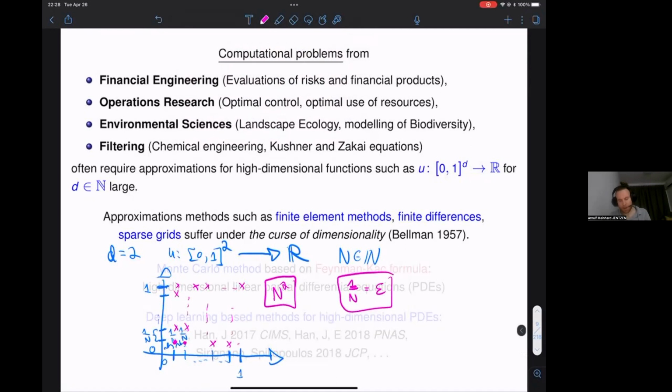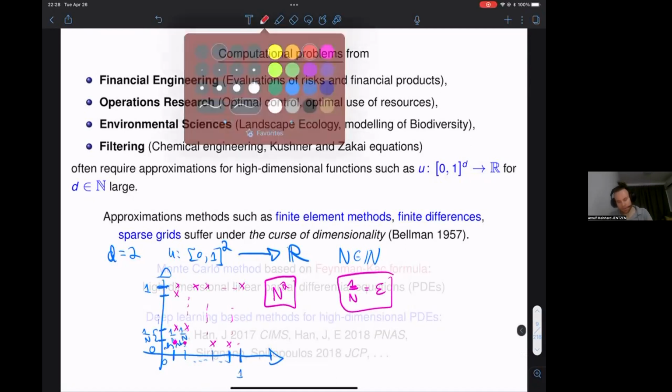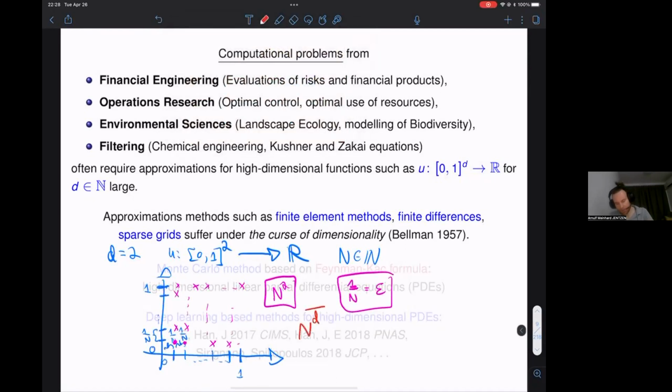Okay, and now in high dimensions, the number of grid points would be n to the power of d. And when you relate this, n is equal to epsilon to the power of -1, and plugging this in results in a computational effort, or number of grid points, in terms of the precision and the dimension, of epsilon to the power of -d.